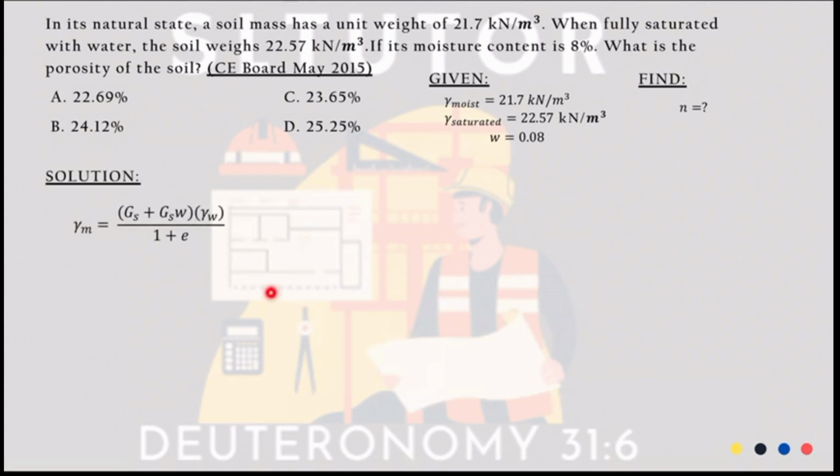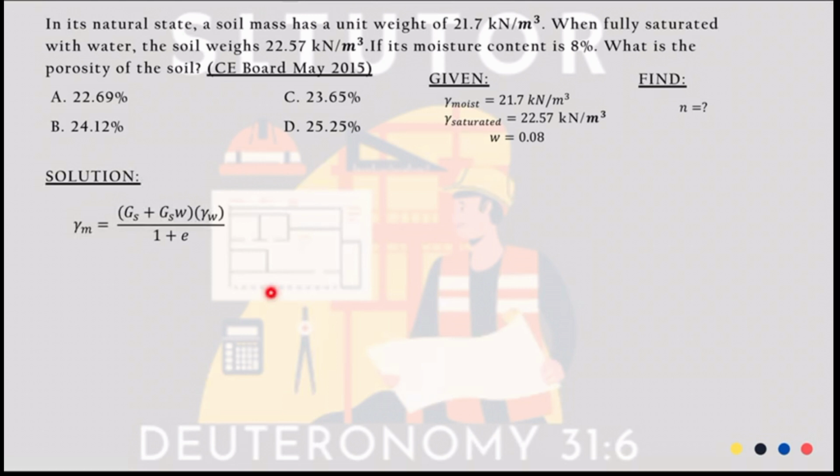itong formula nito ay galing lang rin sa general formula of gamma equals GS times gamma water over 1 plus E. Pero sama nyo na rin po sa index card nyo para diretso na kayo if ang hinahanap po ay gamma moist.